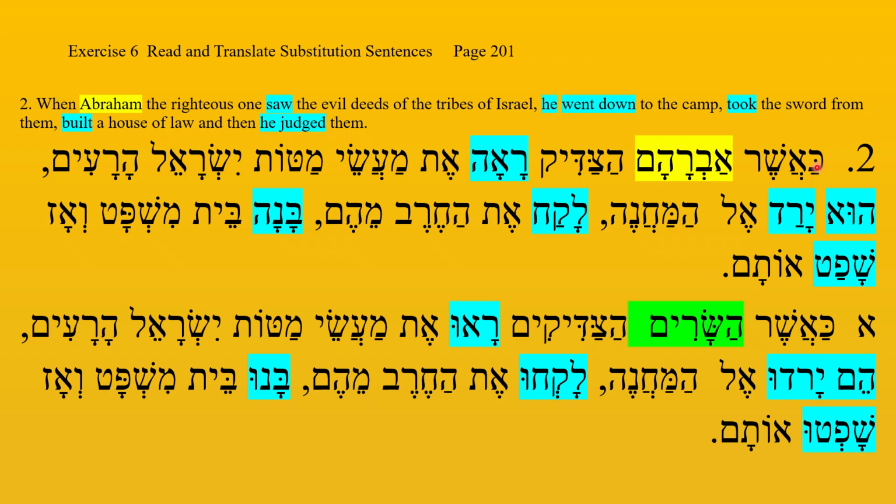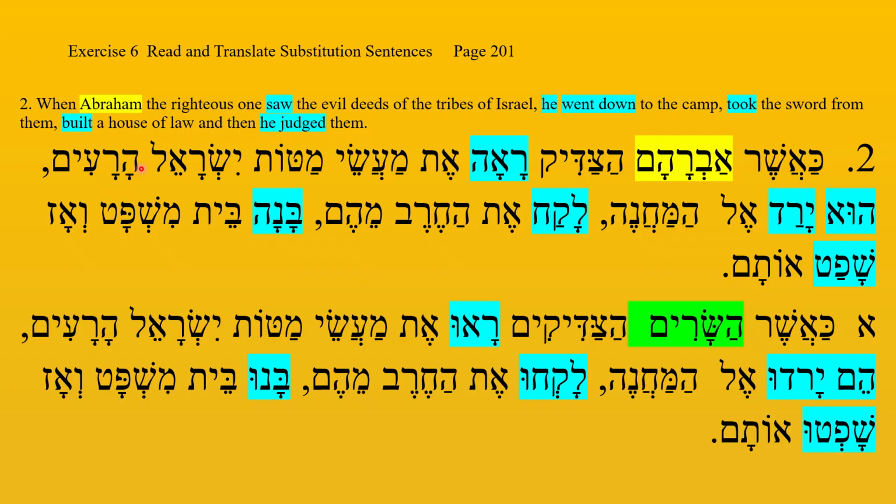So when Abraham, I lost my train of thought. When Abraham, the righteous one, or when the righteous Abraham saw deeds of, this is the word pair form, deeds of the tribes of Israel, the evil.